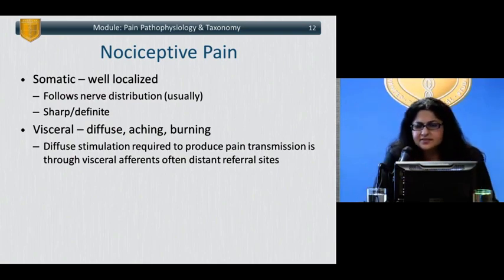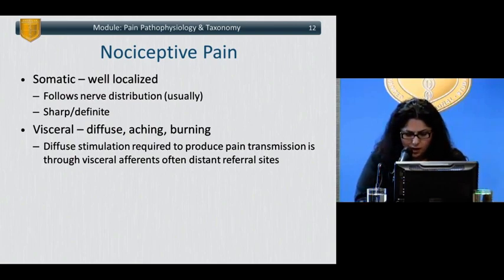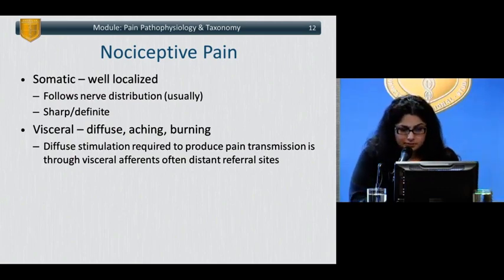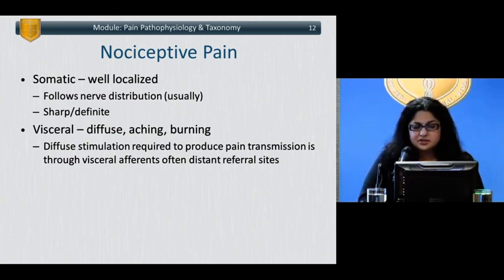Each of these have a different character and quality based on the symptoms. With somatic pain, it's usually very well localized, and sometimes it can follow nerve distribution. Oftentimes patients define it as a sharp pain. With visceral pain, it tends to be very diffuse. A lot of patients will describe it as aching or burning in sensation. Visceral pain often is a referred type of pain.